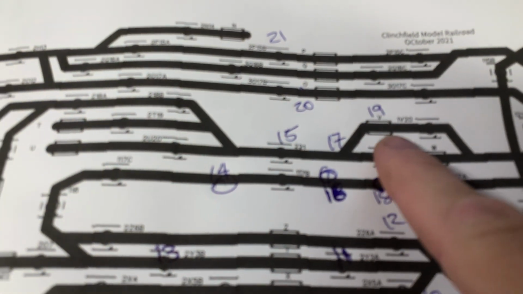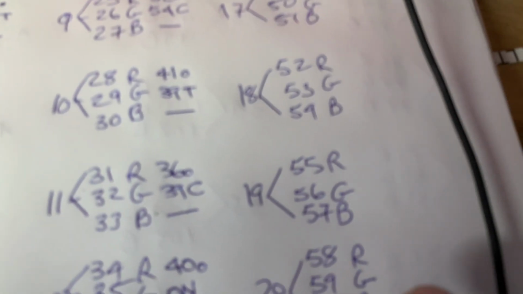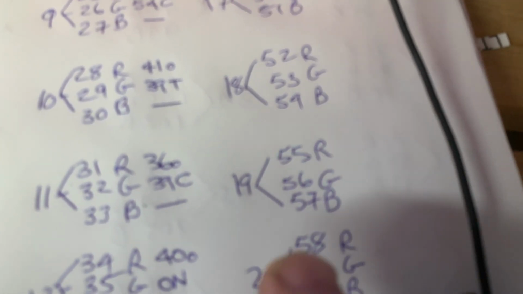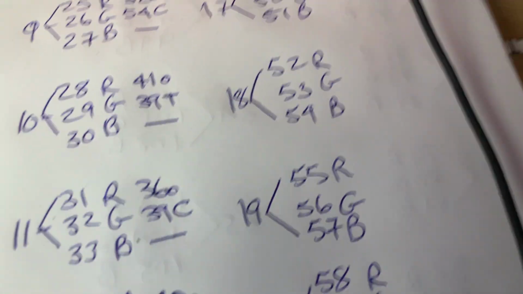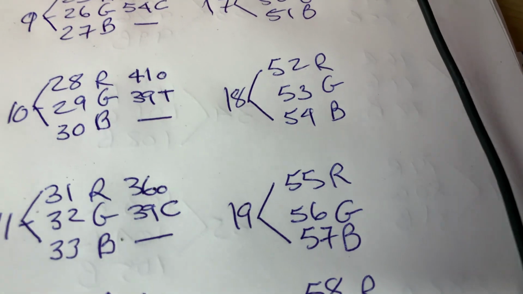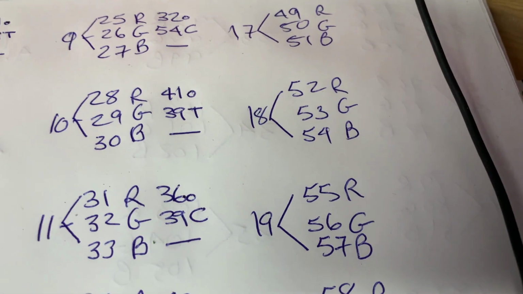So that's LED 19. So red for RGB LED 19. If I look on this list, it's LED 55. See, so I want it red. So now I gotta change. And again, LED 55 on the decoder is in the 200. It's a 200 board that I'm setting.